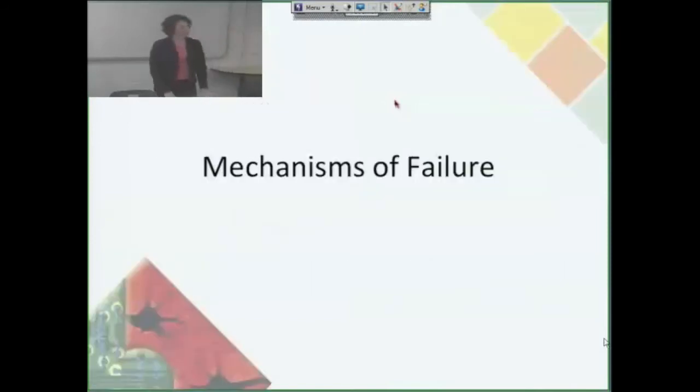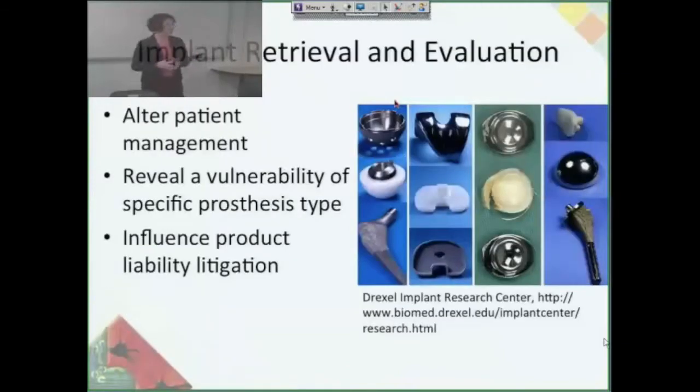Okay, so what are the important mechanisms of failure of metals? The way that biomaterials engineers study mechanisms of failure is by retrieving implants that needed to be removed from bodies for whatever reason, either failure or it's a cadaver body. We have a Drexel Implant Research Center here that is very renowned, and basically you can just retrieve the material and analyze it.